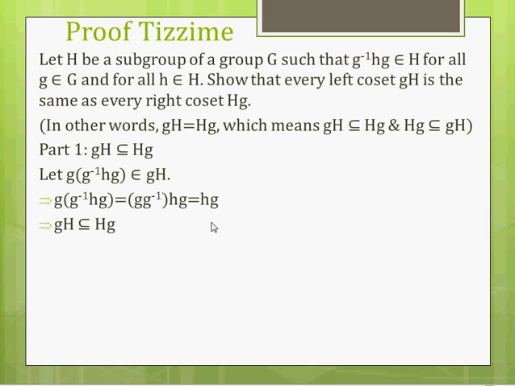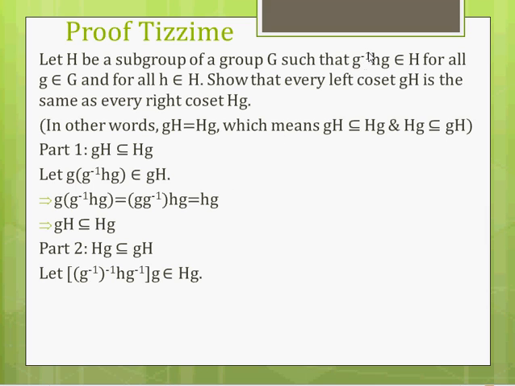Now we need to show that if we take an element in Hg, we get an element in gH. So this time, we're going to take the same element. We need an element in H. So this element's in H. What we can do is a little manipulation. We can plug in g inverse for g here.